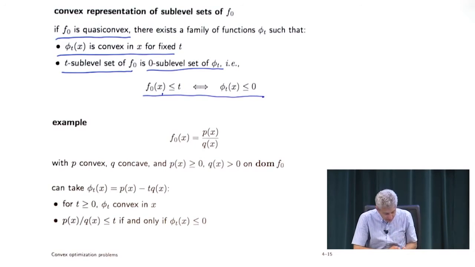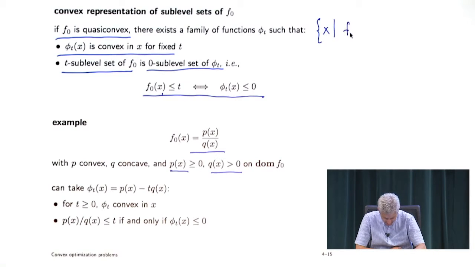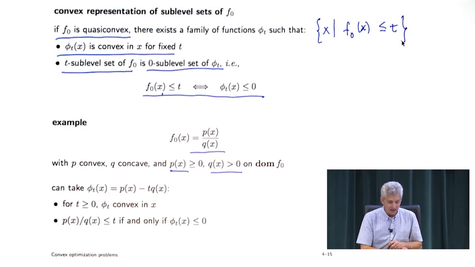So here's an example. Let's take a ratio of a convex over a concave function where both are positive. p is bigger than or equal to 0 and q of x is positive on the domain of f0. That's a quasi-convex function. How do you check that? Well, you want to figure out whether the set of x such that f0 of x is less than t is convex.